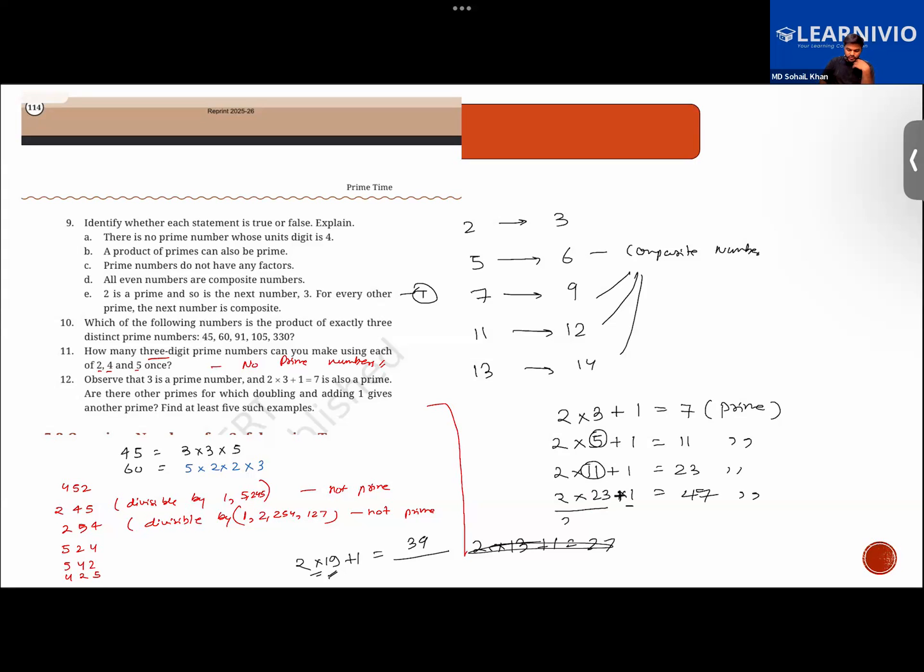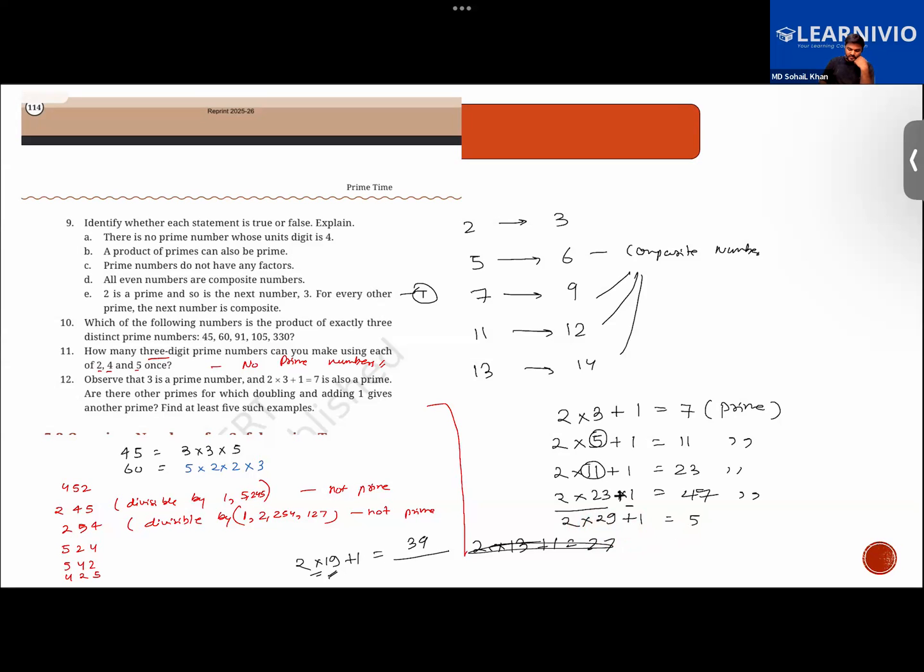Yes. How about 2 multiplied by 29 plus 1? That's how much? 2 multiplied by 29 plus 1 equals 59.